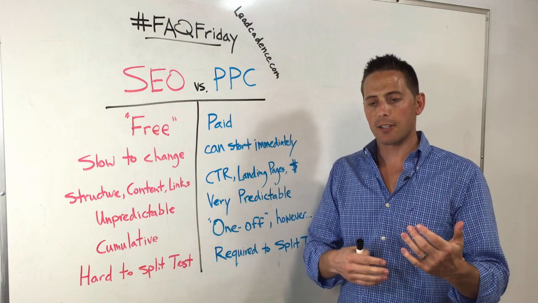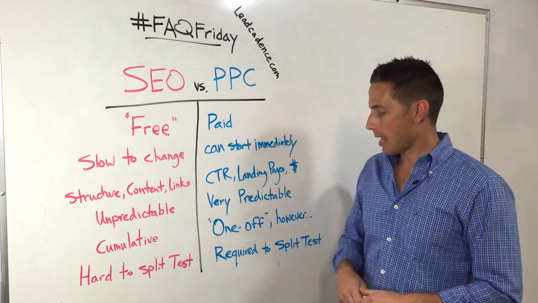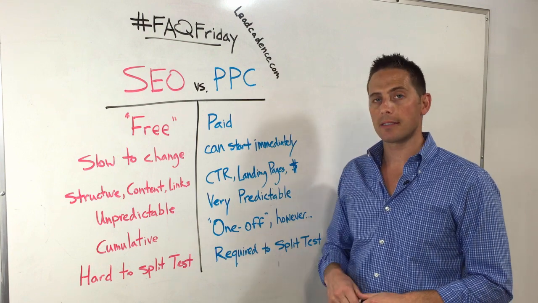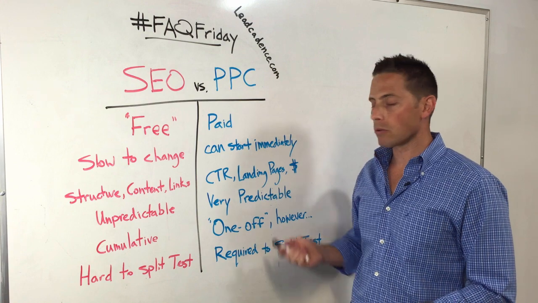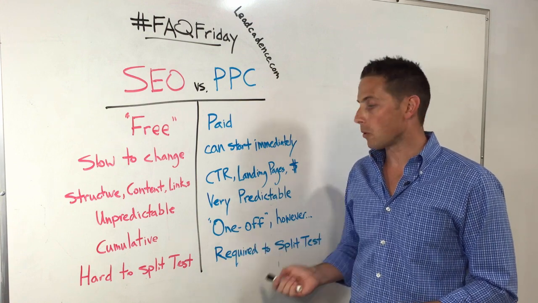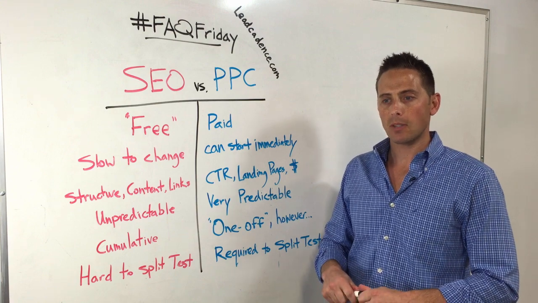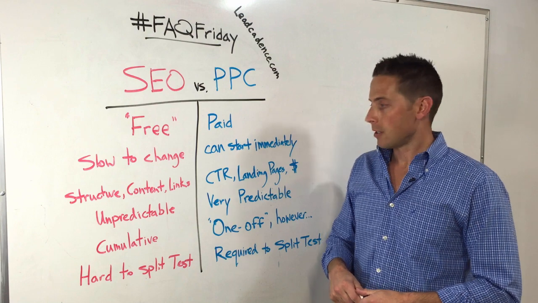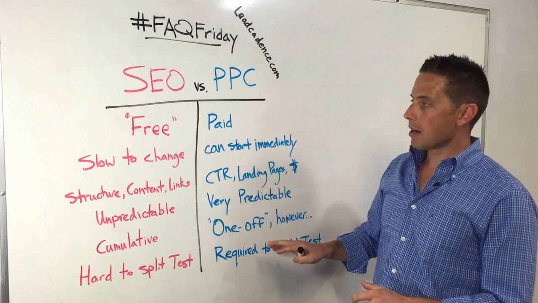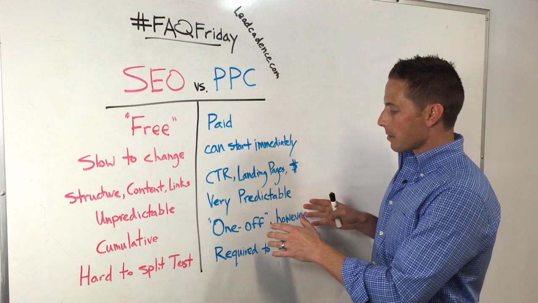In any good ad account, there's going to be multiple ads per ad group, and you only know which one is going to do the best after split testing. So running multiple ads and multiple campaigns and seeing which ones provide the best results is the only way to get a great performing pay-per-click campaign going. So that's kind of the breakdown of search engine optimization versus pay-per-click.